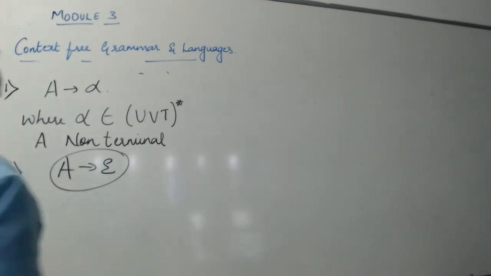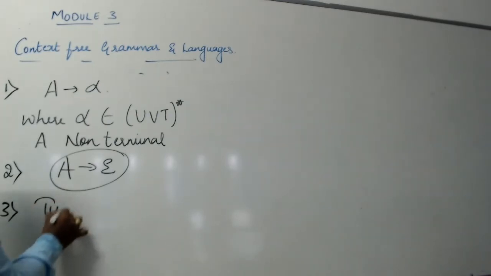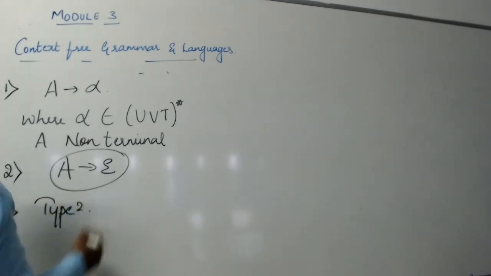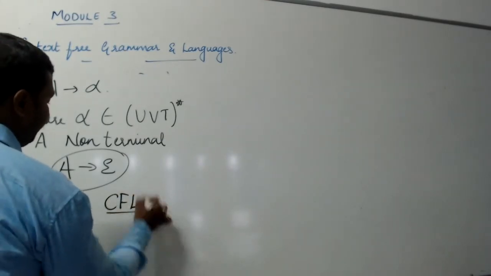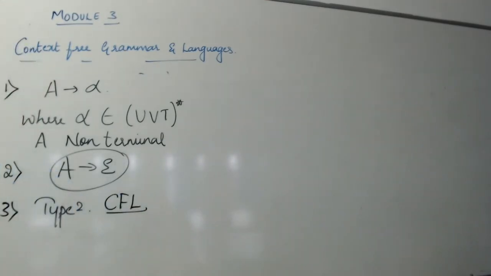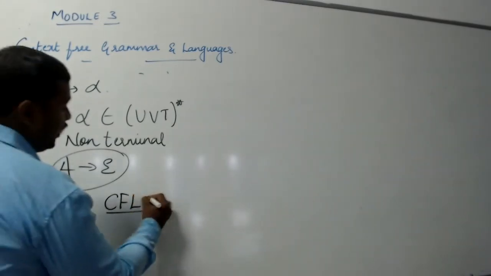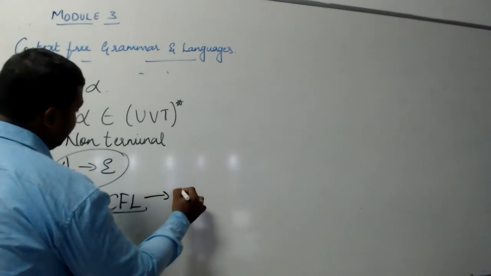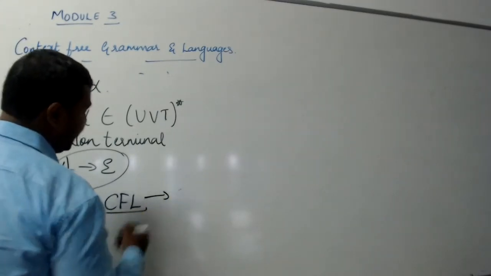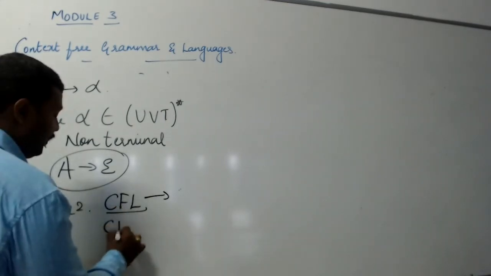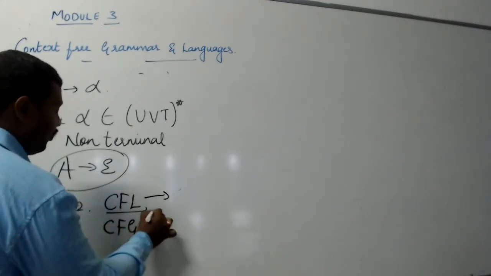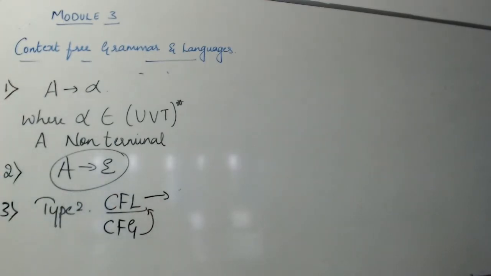Whenever the language is generated using this type of grammar, it is called a type 2 grammar, and the language is called CFL, context-free language. Any language defined by a context-free grammar is called a context-free language. This is the fourth point.